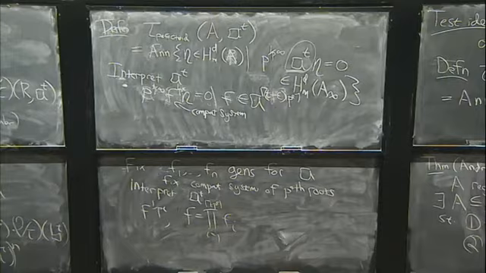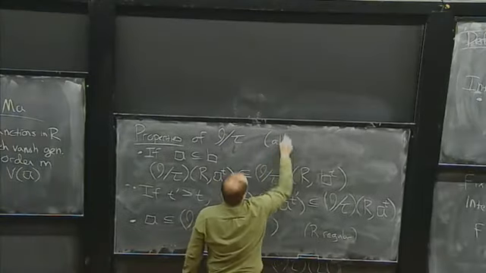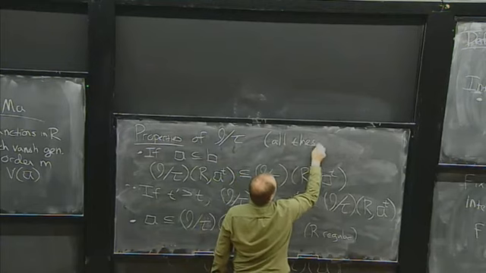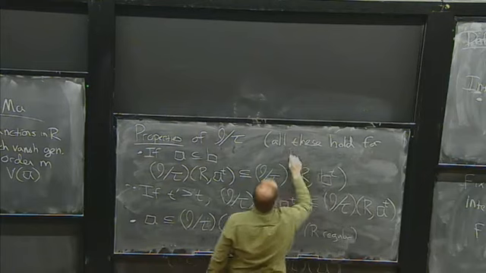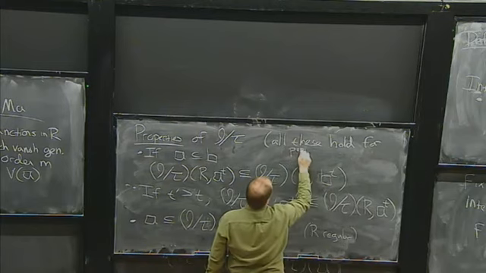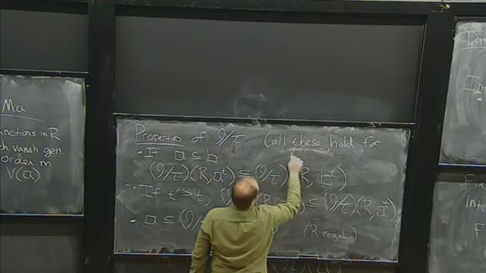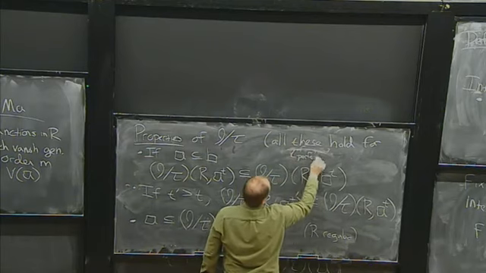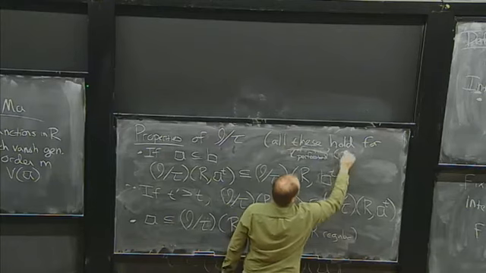So what's the upshot? All these hold for a perfectoid test ideal, or tau perfectoid, R a to the t.